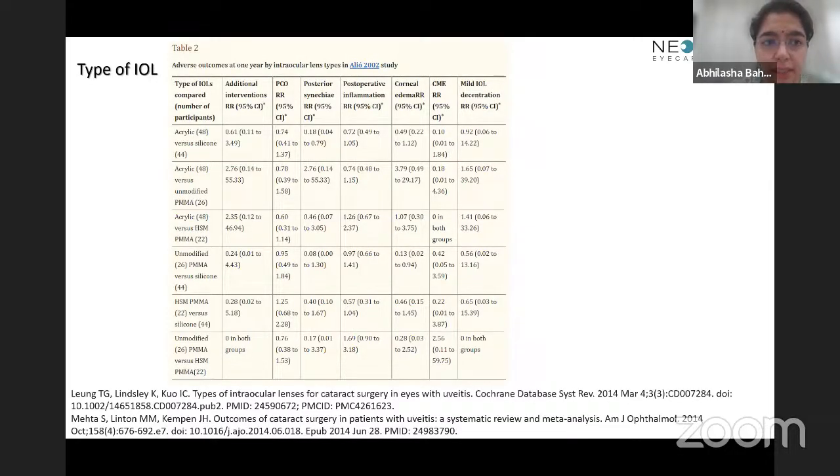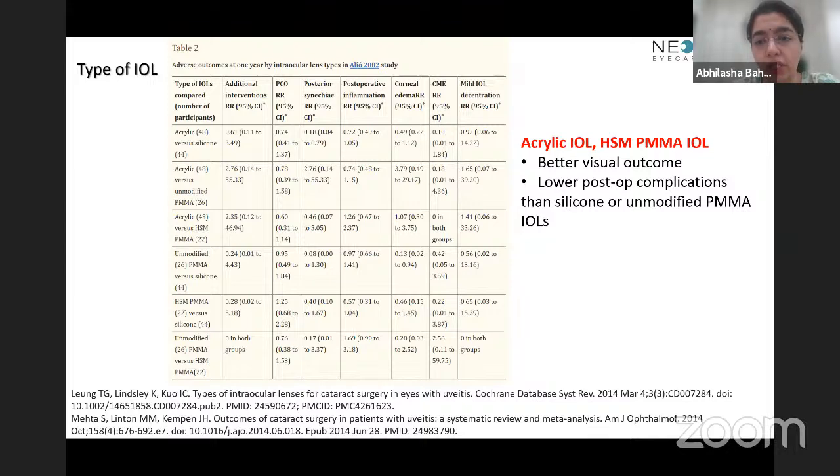Coming to the type of intraocular lens, in a large Cochrane database systematic review, it was found that acrylic intraocular lenses or heparin surface modified PMMA IOLs result in better visual outcome and lower postoperative complications than silicone or unmodified PMMA IOLs.